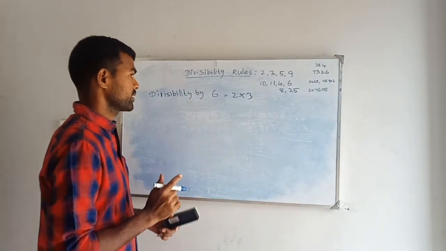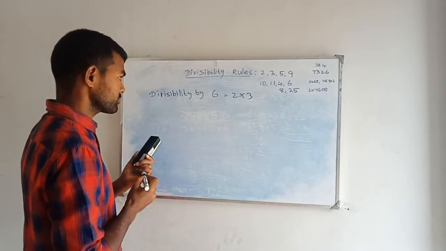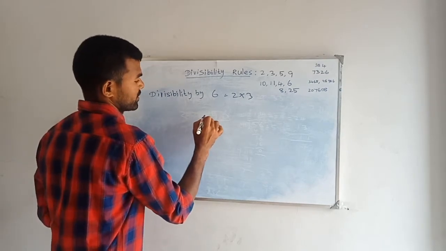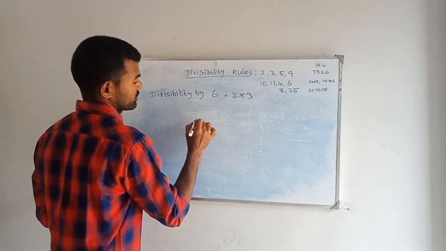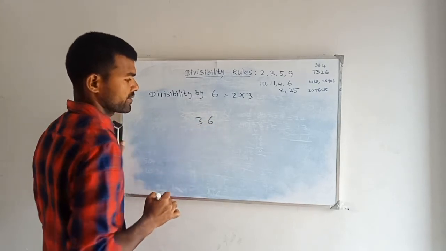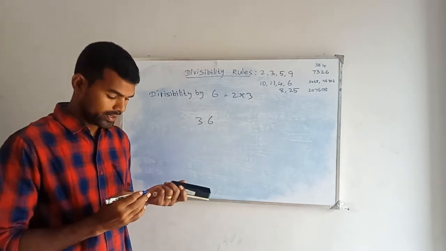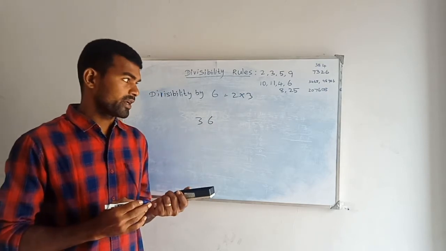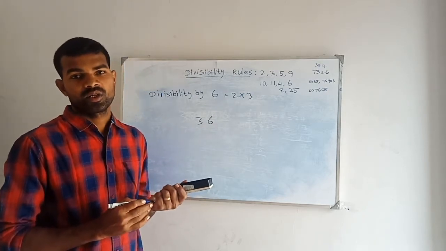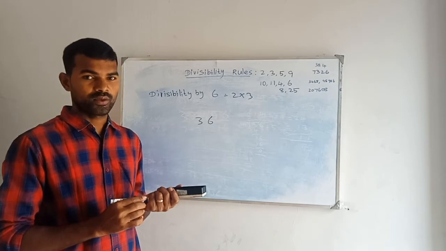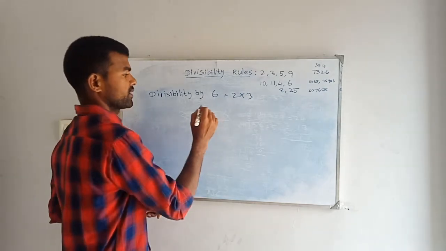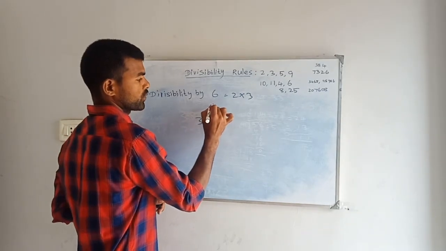Let us take a number here, 36. The number is 36. Can this number be divided by 6 or not? To check that, what is the rule? First, let us take the divisibility by 2.